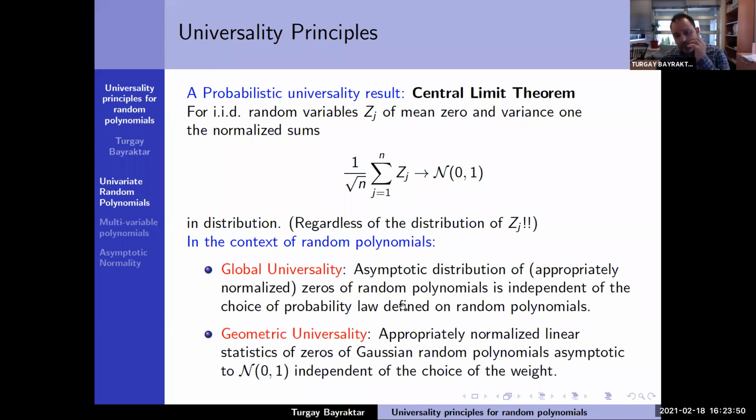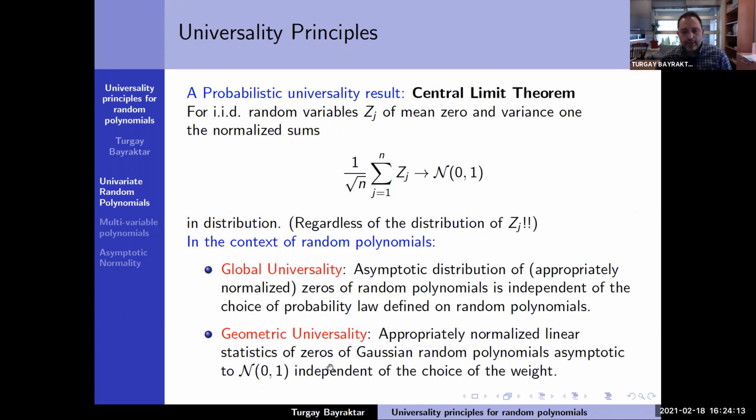And another universality principle we might expect is if you suitably normalize the linear statistics, which I will introduce at the end, of the zeros of Gaussian random polynomials, we will show that that is also asymptotic to the Gaussian.